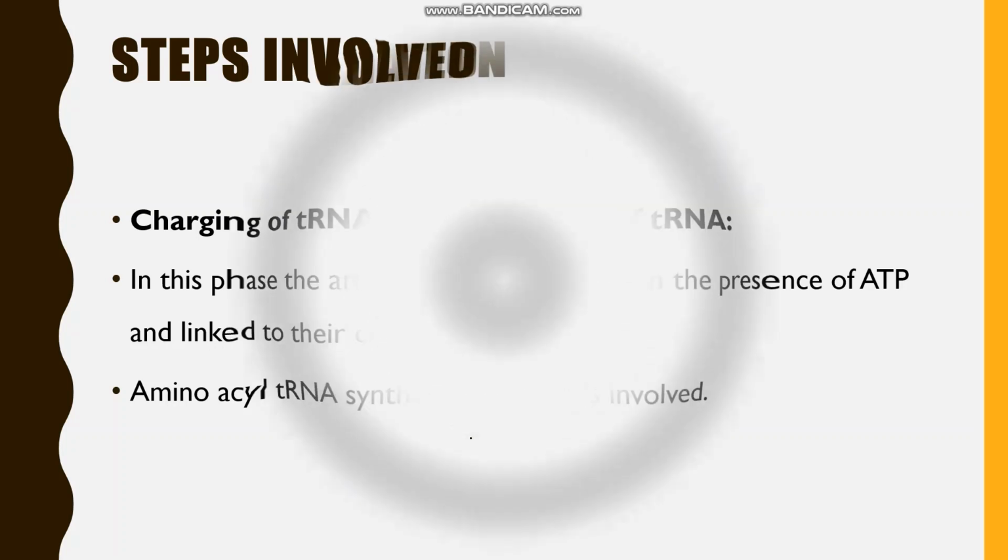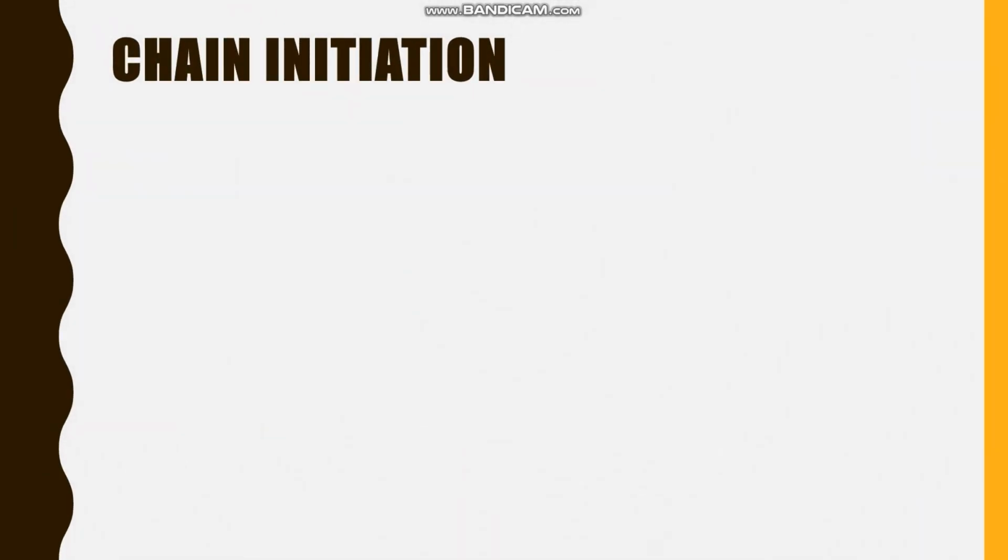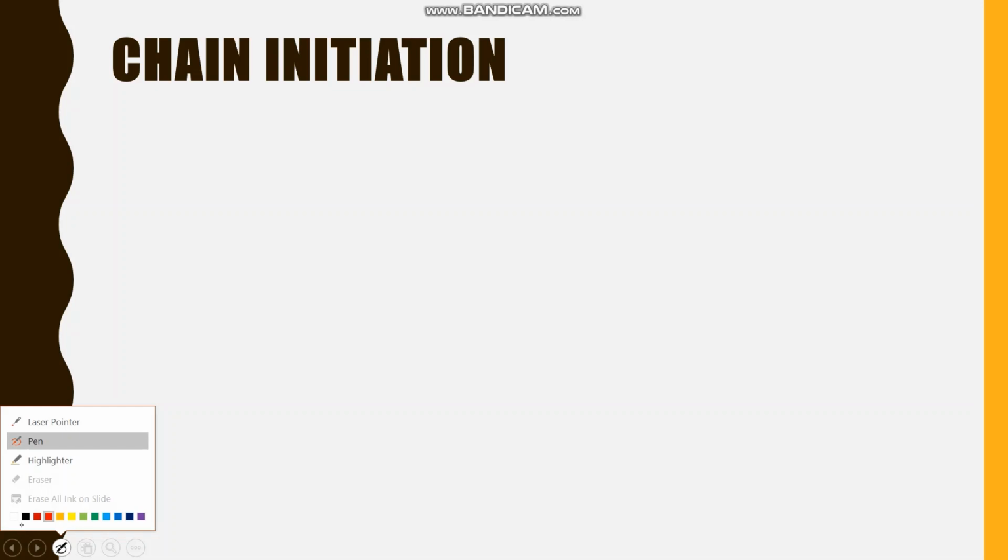Now let us move to the next step, that is chain initiation. What happens during chain initiation? In the first step, activation of amino acids takes place, and such activated amino acids are linked to the tRNA, and such amino acyl tRNAs are now used for the synthesis of a polypeptide chain.